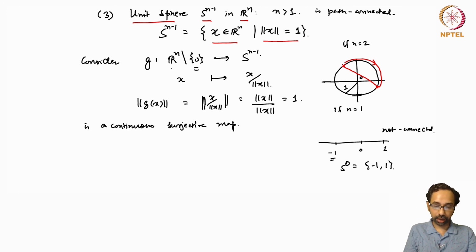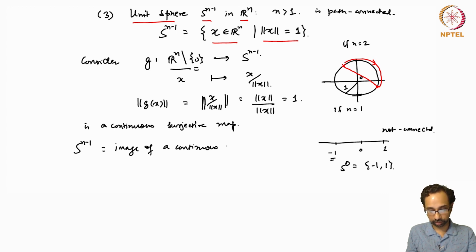Now we can use the fact that Rn minus 0 is path connected, and so Sn-1 is the image of a continuous map on a path connected space.